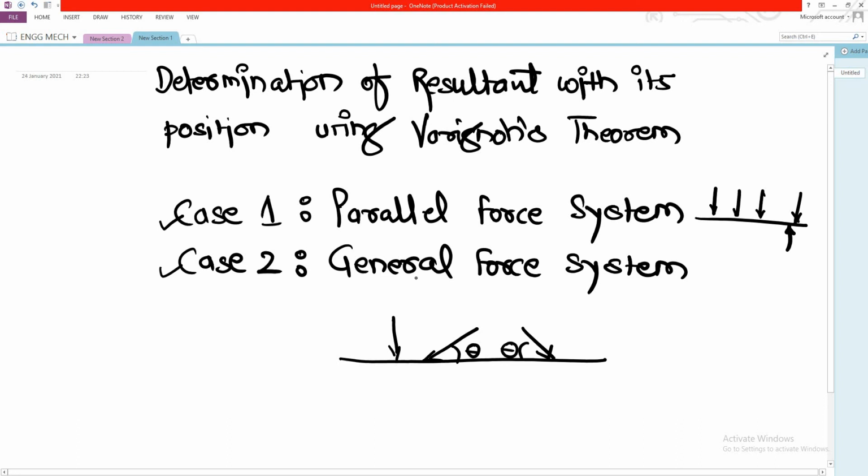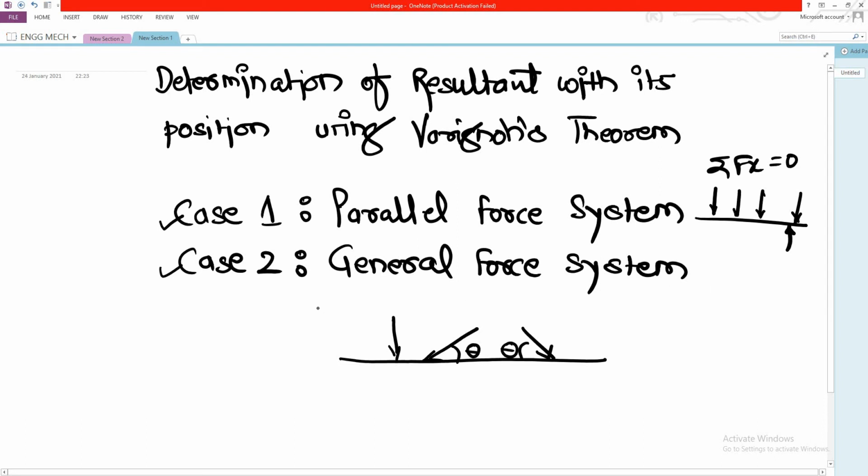In case 1, the resultant determination will be as simple as summation Fx will always be 0 here, and the value of resultant will be dependent on only summation Fy.